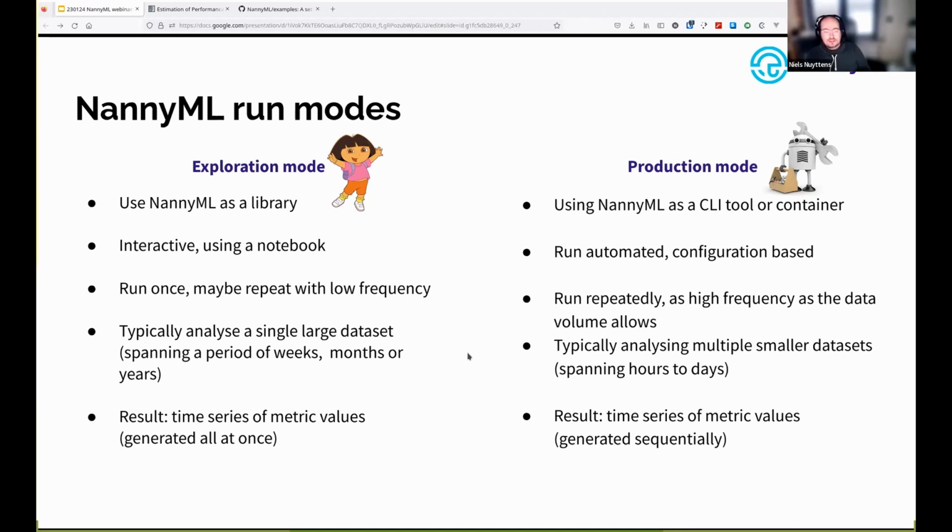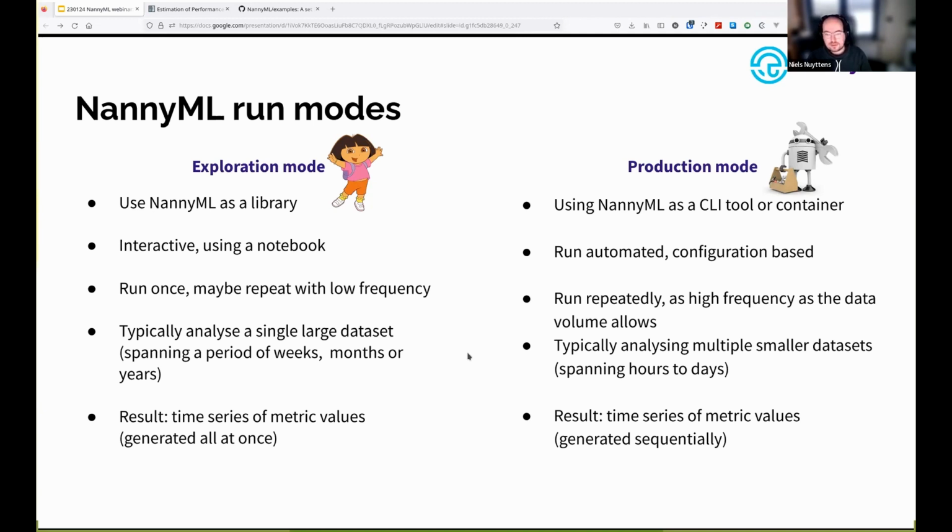Anyway, apart from exploration mode, there's also the production mode. And this basically means that you are running NannyML in a far more automated way, right? So you run NannyML as either a CLI tool or a container, but basically automated. You can fully configure it using configuration files.